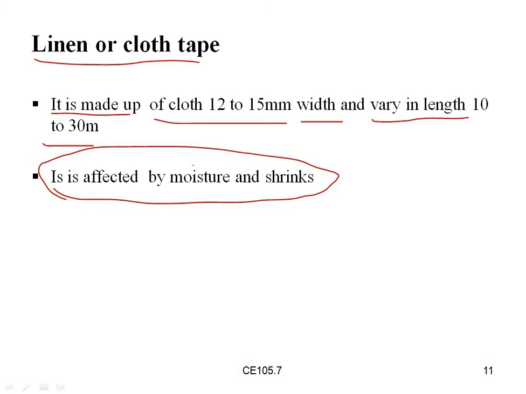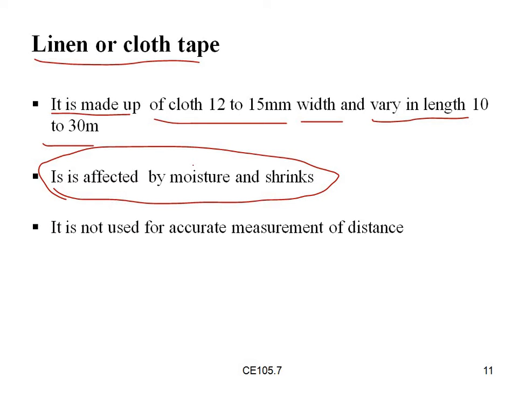If you keep the tape outside, it will be affected by moisture and water problems, and the strings also will be affected. It is not used for accurate measurement of distance. In some cases, this linen or cloth tape we will not use for accurate measurement of distance.